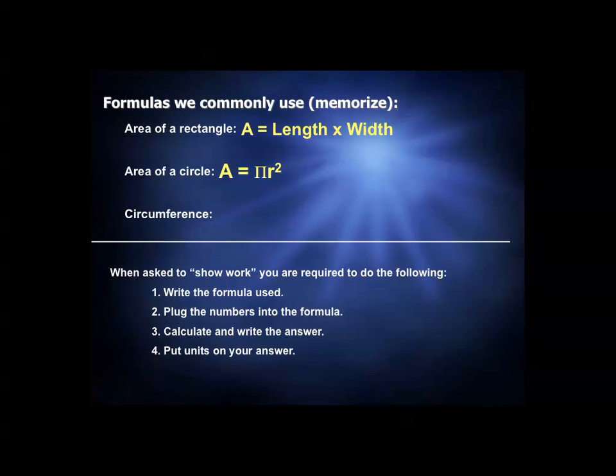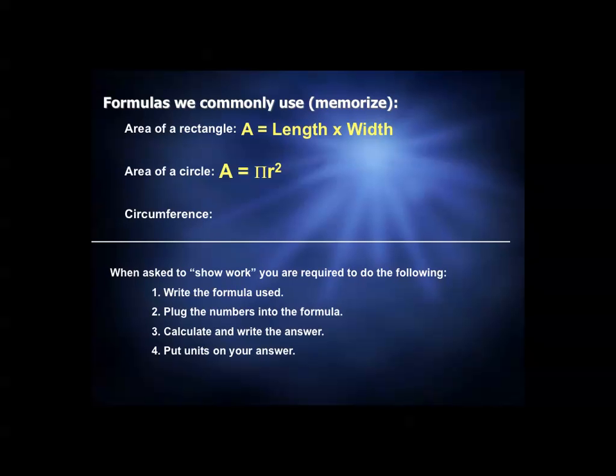What is pi? 3.14. All right, 3.14159. 3.14 is good enough for us if you're putting it in your calculator. If you just press the pi button on your calculator, you'll get more digits. And so you may get slightly different answers if you press the pi button versus just putting 3.14. That's okay.